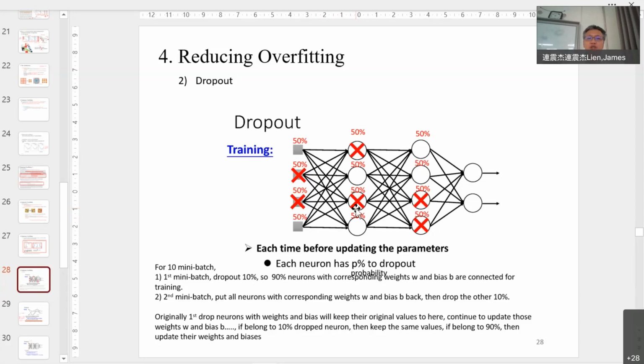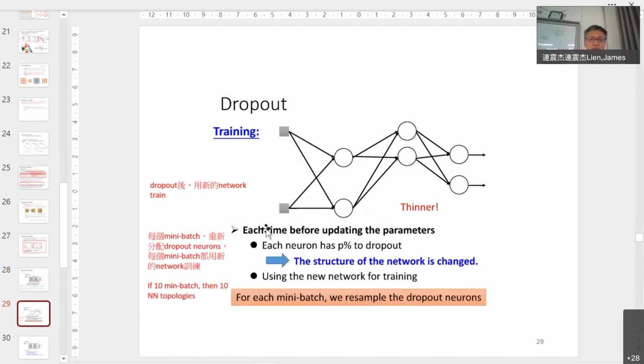So dropout is actually, for this iteration or this epoch, you just freeze these parameters. Freeze means disconnect, and you update the other 50% of the parameters.